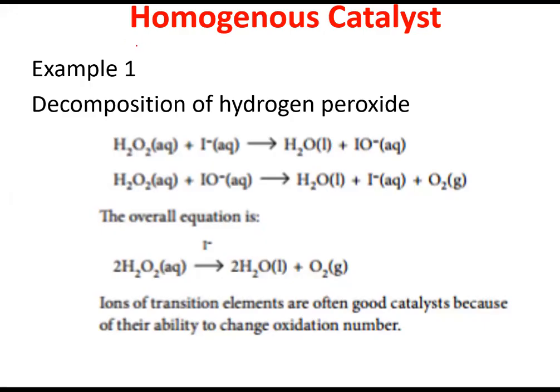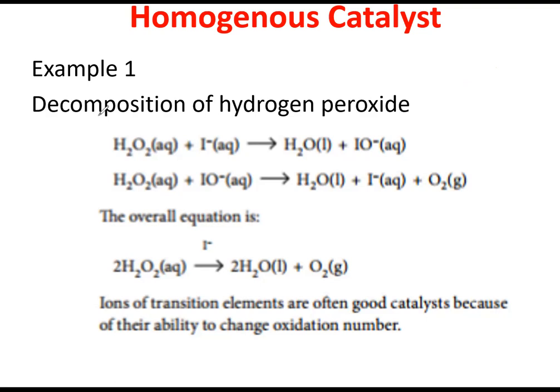In this example, let me first tell you on what grounds the homogeneous catalyst acts. The oxidation state of homogeneous catalysts changes during the reaction. For example, in many cases we have seen iron: we take iron 2 plus, and during the reaction it will change into iron 3 plus, right? That is the reason transition metals are considered the best catalysts, because their oxidation state can easily change.